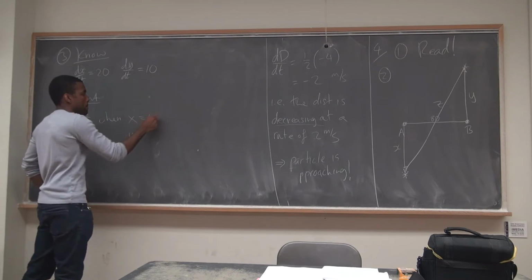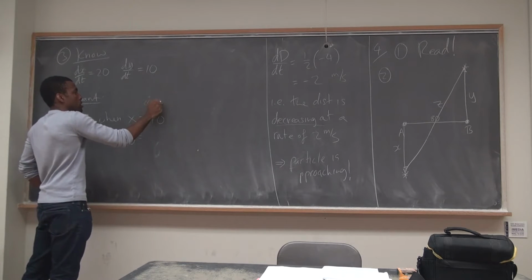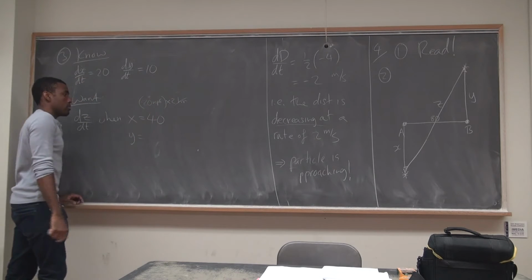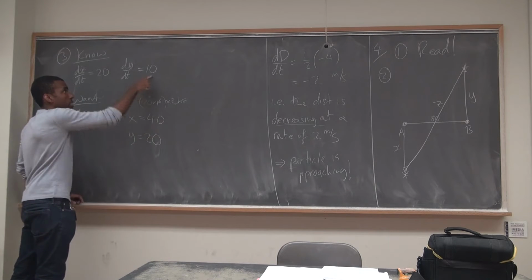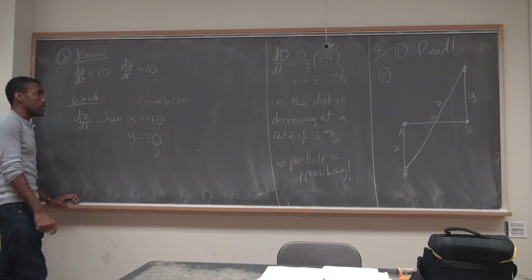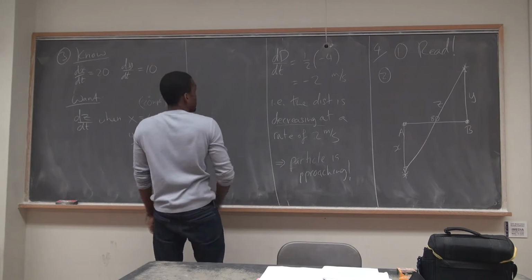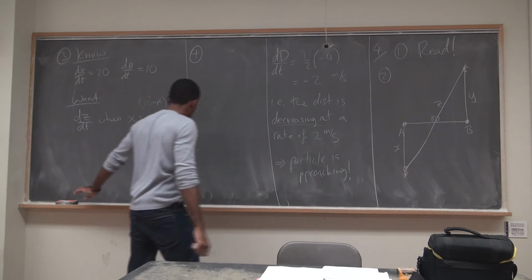It's 40. 20 miles per hour times 2 hours gives you 40 miles. Similarly, y would be 20. Moving at 10 miles every hour, you've been traveling for 2 hours, so you covered 20 miles. So that's what you know, that's what you want. Let's get to it. What formula would describe the situation here?